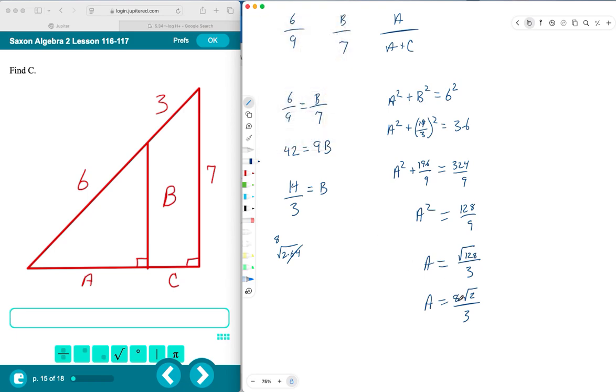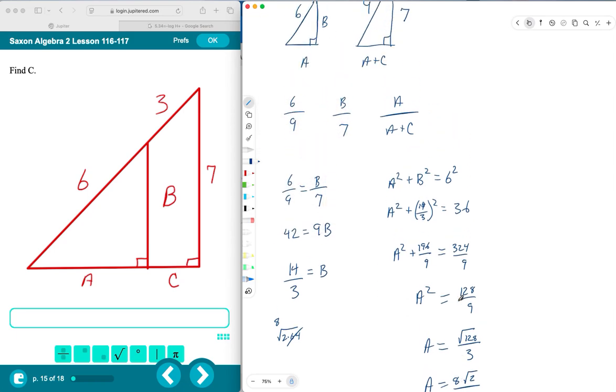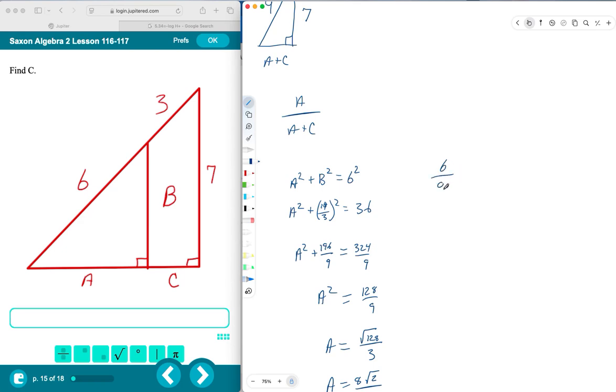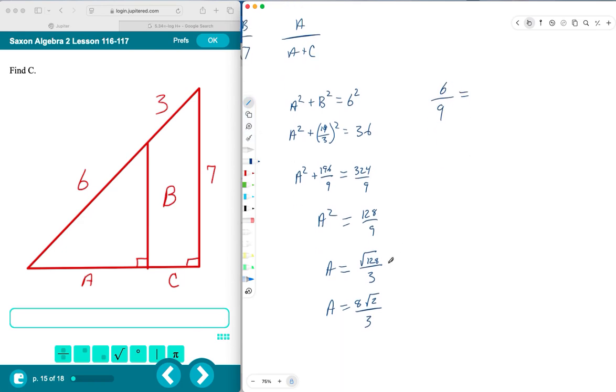Okay, so now that I know what A is, I can use 6 over 9 is equal to 8 times the square root of 2 over 3, over 8 times the square root of 2 over 3 plus C, because we're trying to find C. So now I have an equation that only has the variable C in it, so that's going to let me solve for C. It does look complicated.